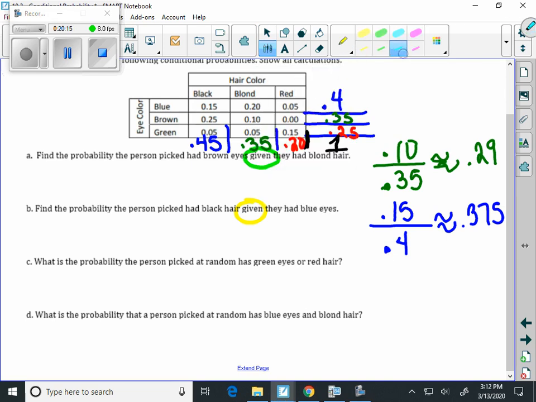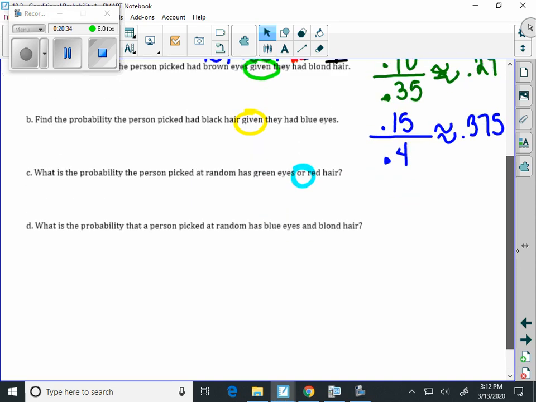So when we look at this one here, what is the probability that a person picked at random has green eyes or red hair? And I'm not actually looking for given in this one. We're looking at the or. So we have to go back to our green paper and deal with the or here.